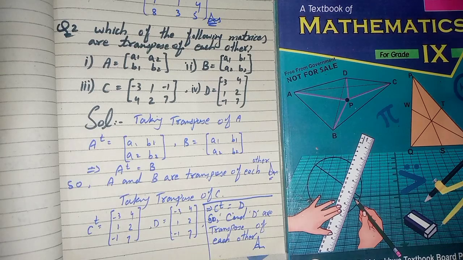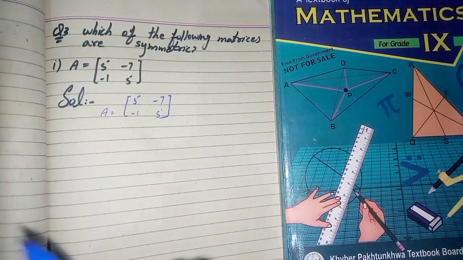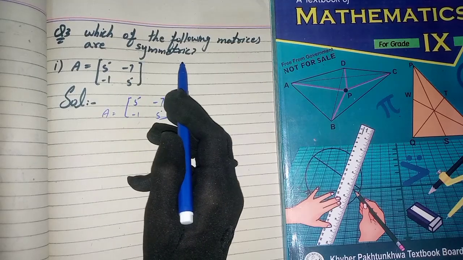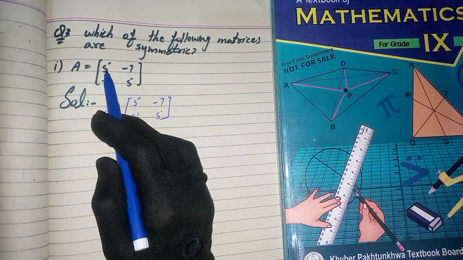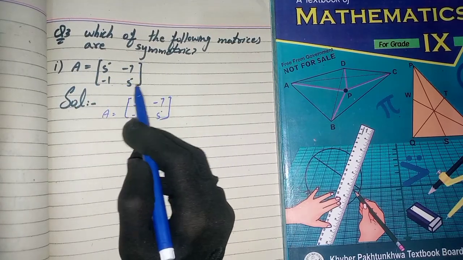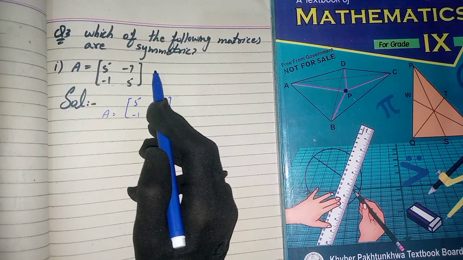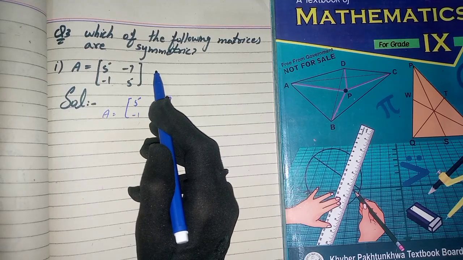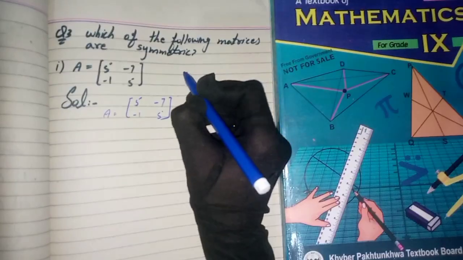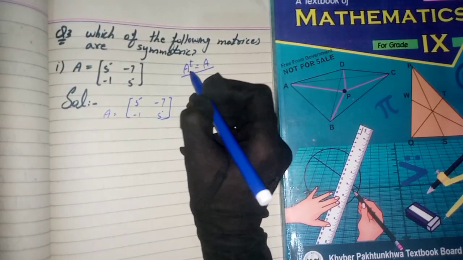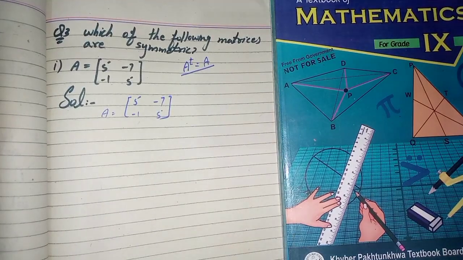Now we solve the next question, question 3 of this exercise. Question 3 is which of the following matrices are symmetric? Part 1, A equal to 5 minus 7 minus 1 and 5. First, we know what is symmetric. If A transpose is equal to A, then matrix is symmetric.